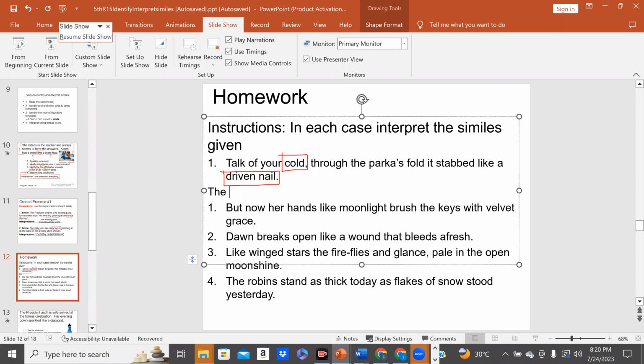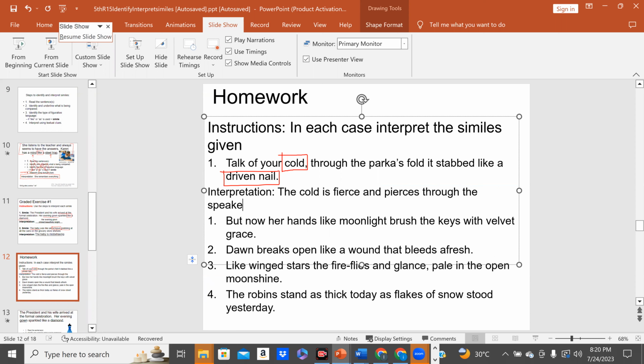The cold, let's say, is fierce and pierces through the speaker's clothing.